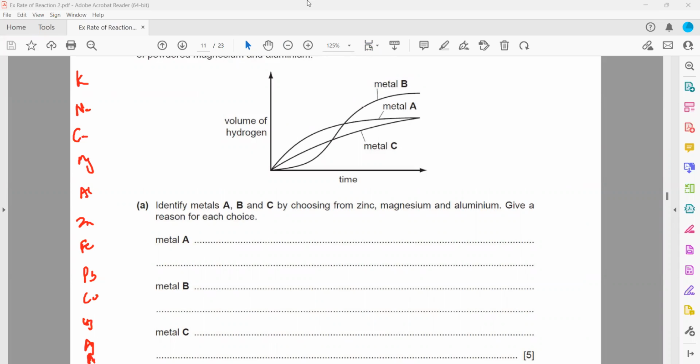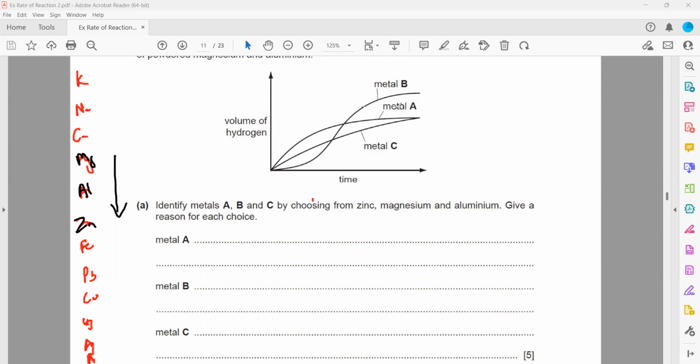So the three metals which we have are zinc, magnesium, and aluminium. First one, which is the most reactive metal here in this series? Magnesium is more reactive. As we go down the series, the reactivity decreases.